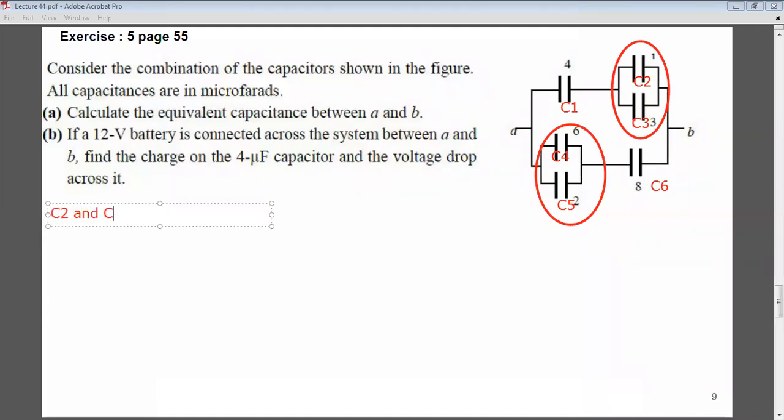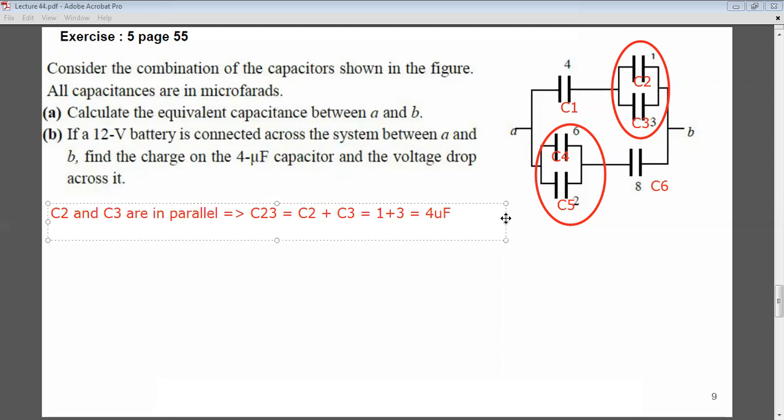C2 and C3 are in parallel, implies I will call it C23, that is the equivalent of 2 and 3. It's equal to C2 plus C3, which is 1 plus 3. This is equal to 4 microfarad.